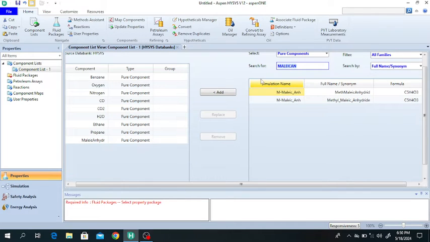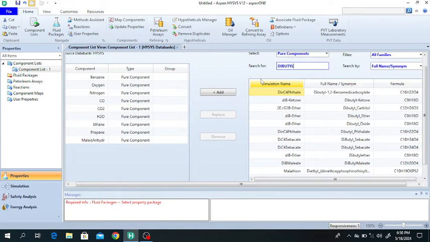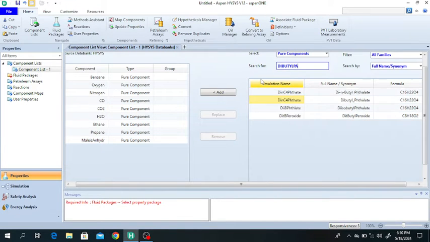And the next is dibutyl phthalate, C16H22O4. It is the solvent or absorbent. It is used in the absorption column to remove or recover the maleic anhydride from the waste gases.